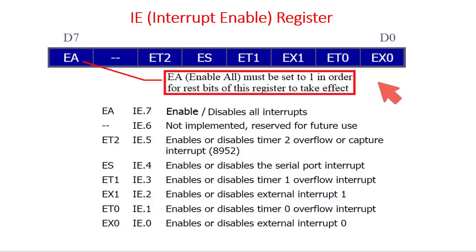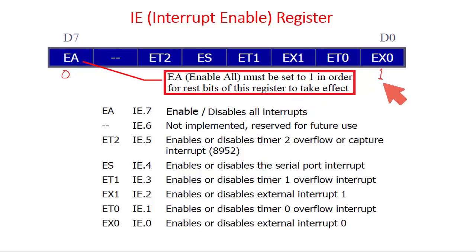We must set it. Say if we want to use external interrupt 0, no doubt this bit should be logic 1. Now one thing is most important. According to our requirement, we must set these bits. This EA bit, which is the enable all, acts as the main switch. If this enable bit is 0, though we set EX0 or any other one as logic 1, it will not work.